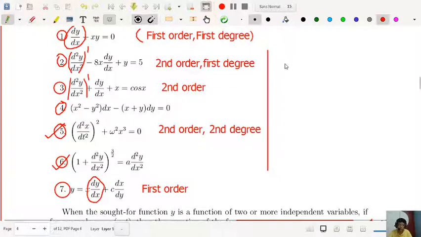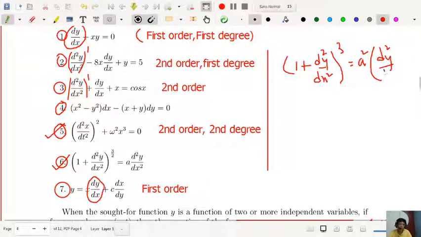Let us square both sides. 1 plus d2y dx2, I am writing 6 whole cube. If you square both sides, then it will have a square d2y dx2, and this is your whole square.